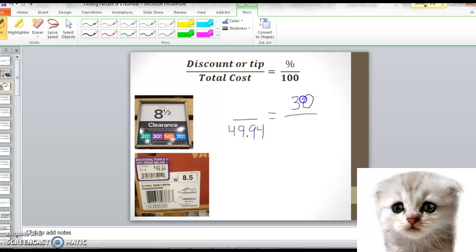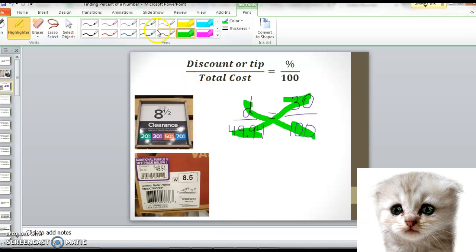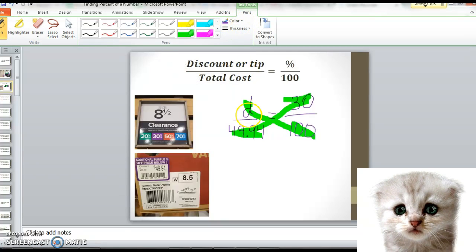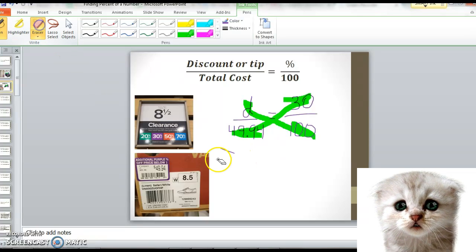So I'm going to put the percent over 100. Again, D represents my discount of how much I'm actually saving. I'm going to multiply across. So I'm going to multiply 100 times D and $49.94 times 30. 100 times D is just 100D.